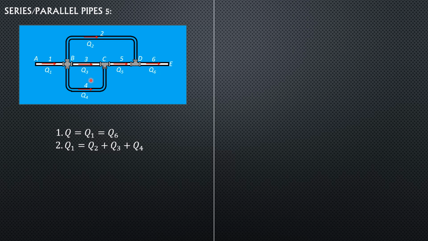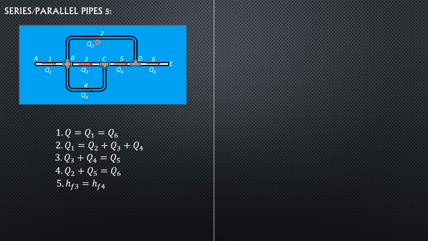Then Q3 plus Q4 equals Q5. Q2 plus Q5 equals Q6. Then 3 and 4 are parallel, so HF3 equals HF4.